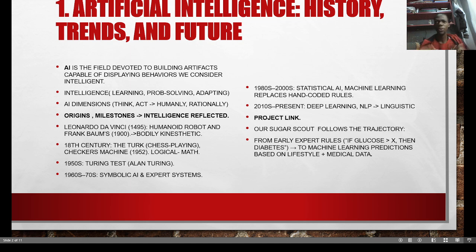I didn't want to call it a robot because by that time even the term robot was not there, but he designed that artifact in the form of a knight that was capable of imitating human body movements. All of that was based on pulleys connected to the robot, so it was capable of moving the joints and so on. Of course, that was not AI, but it was an indicator that in the near future maybe we could have systems capable of doing so.